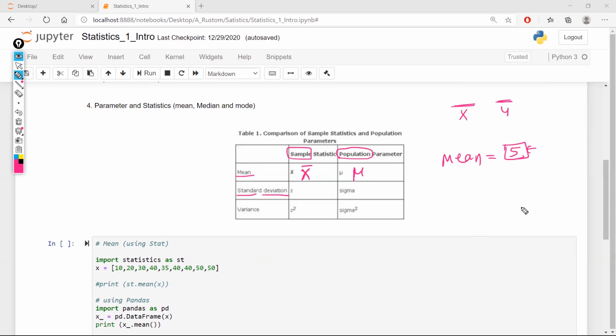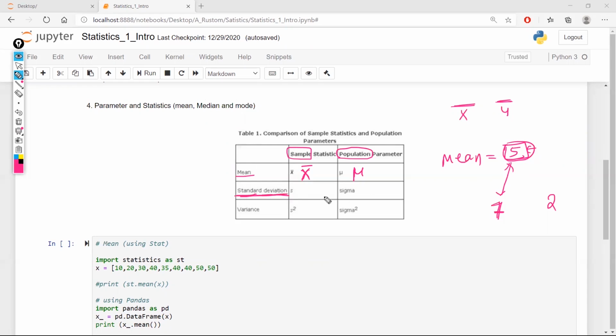Suppose there is a number 7. If I compare this with the mean, how much is it deviated? I can say 2. Now, I'm just giving a rough idea here. Basically the idea is how much data is deviated from this mean. That is nothing but standard deviation.